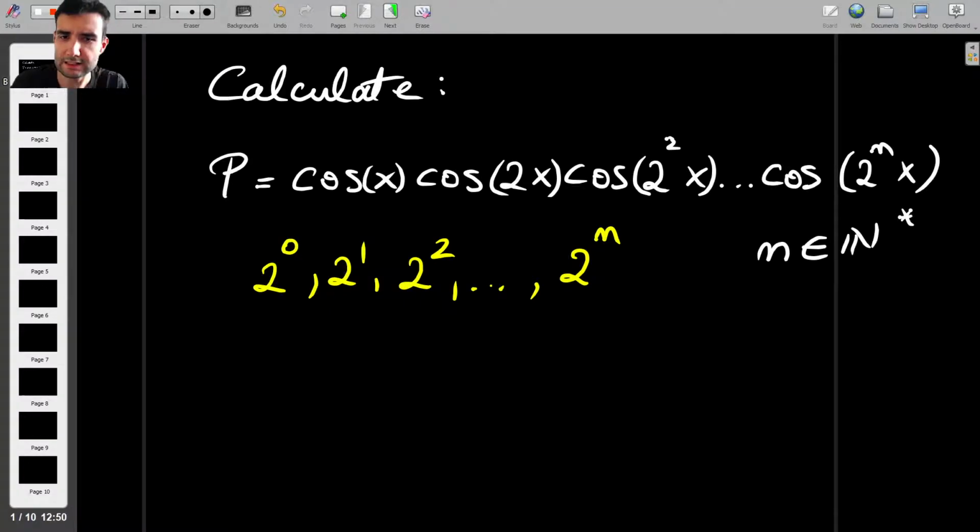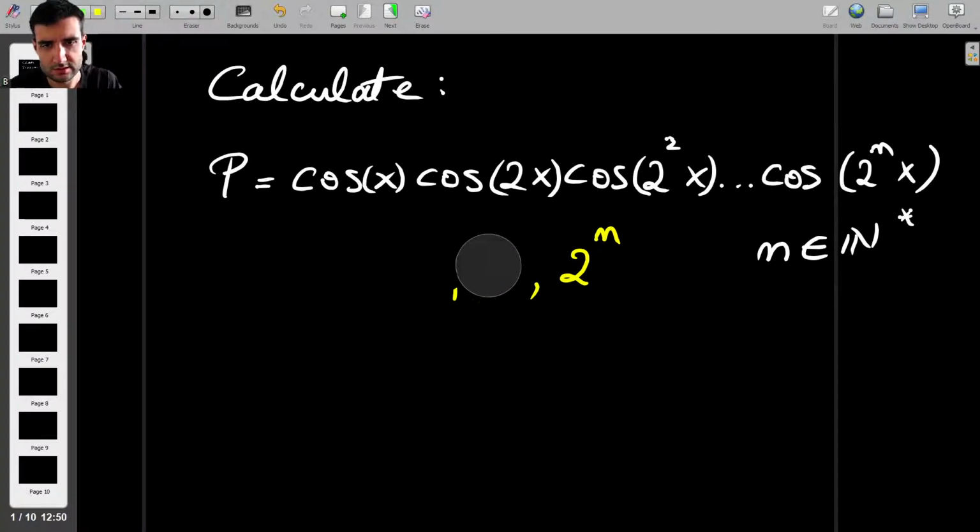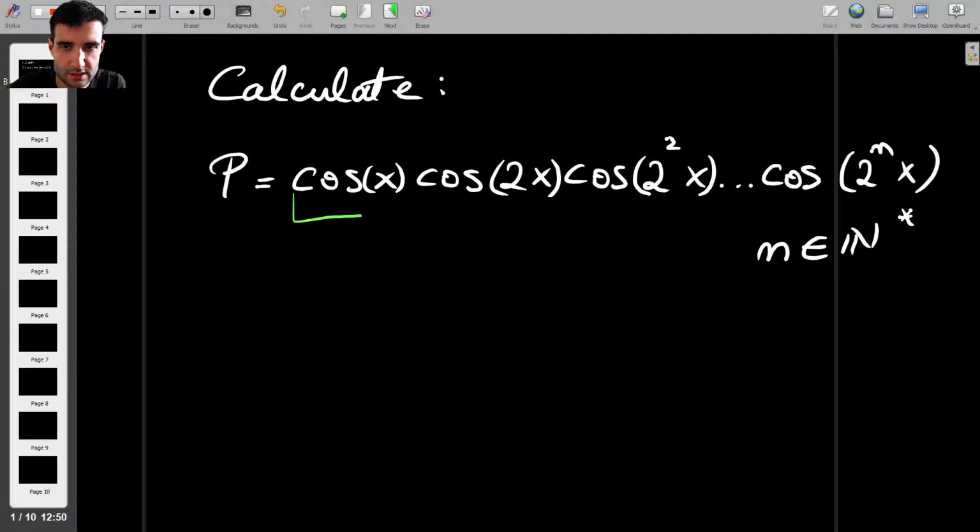And it looks quite intimidating because, well, it's a really long product and there isn't any obvious way of dealing with this. For example, one thing you might try is trying to group the terms together. So if you group those and then group the next two and so on.